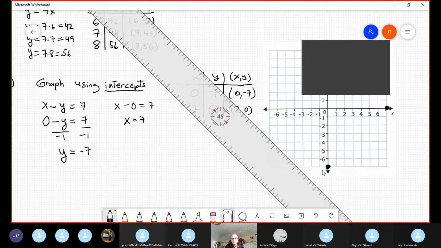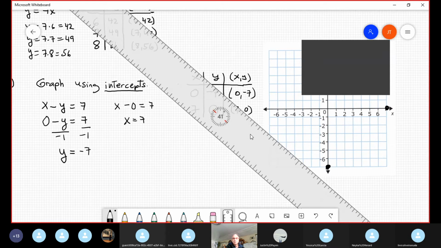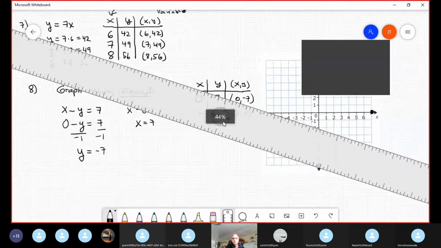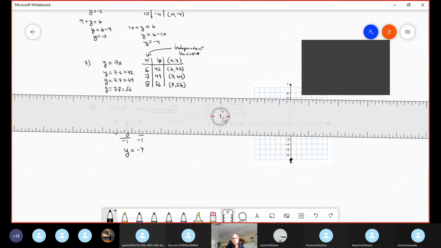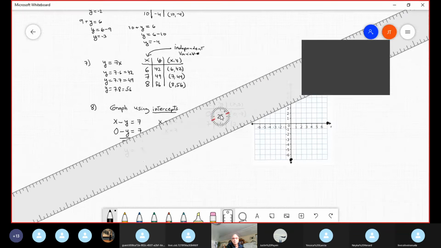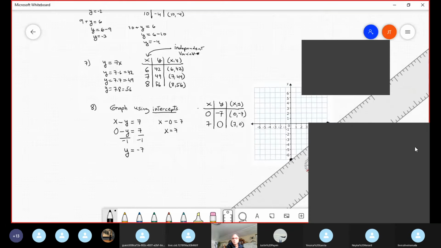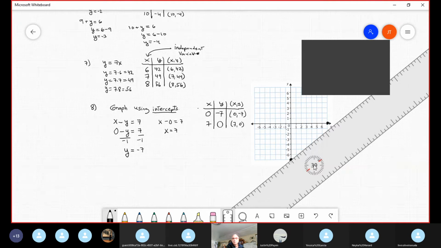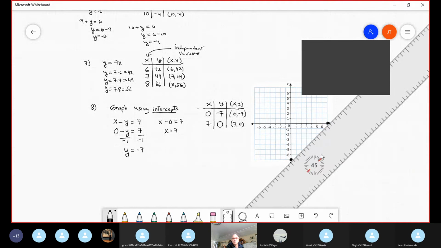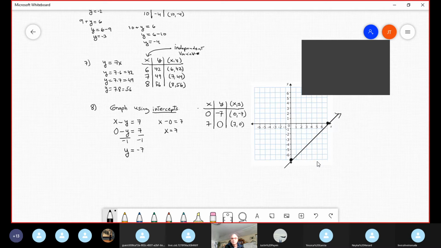Let me try to use the ruler. Well, we connected both points by the straight line. And this is the graph that we need, approximate. Okay?